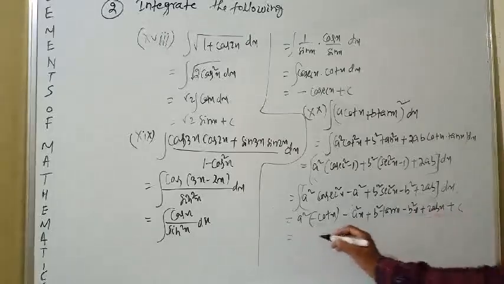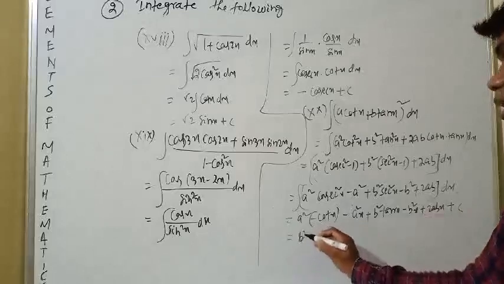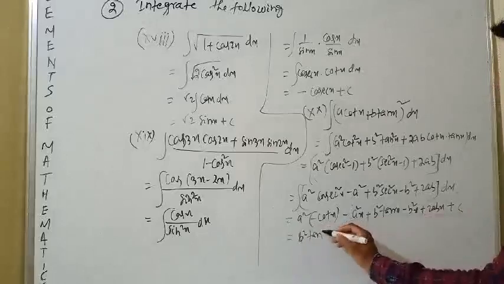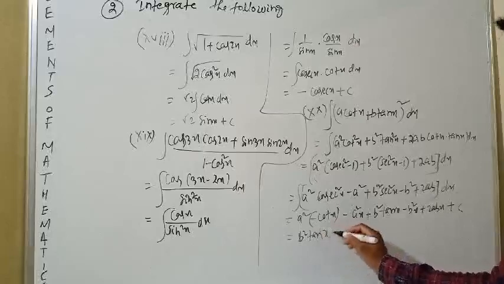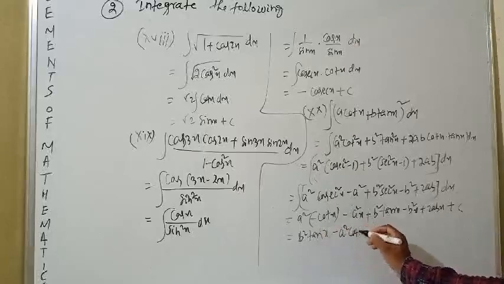This is equal to b square tan x, not tan square x, minus a square cot x.